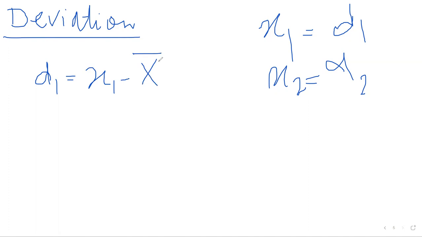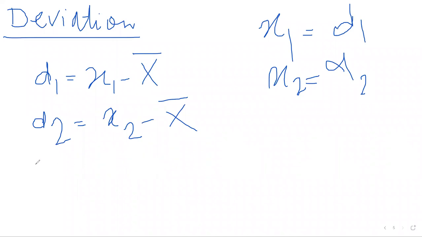I told you the formula of this arithmetic mean. Similarly, you can have the same equation for d2, that will be x2 minus x bar. The arithmetic mean will be the same for all the deviations. In this way, you can find out up to dn.